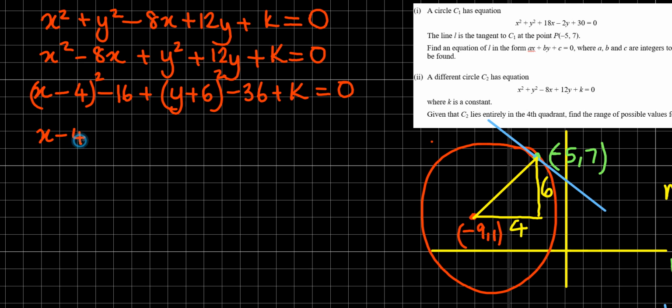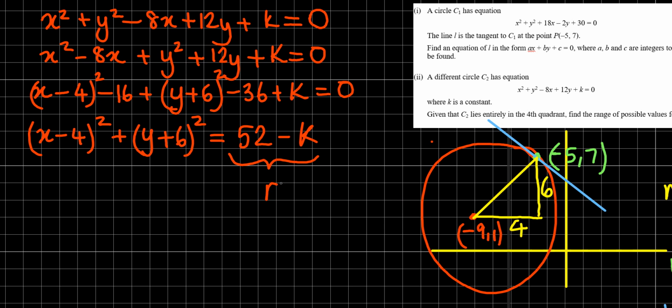So we have (x minus 4) squared plus (y plus 6) squared equals, on the other side, 52 minus k. Now remember that this is going to be r squared.